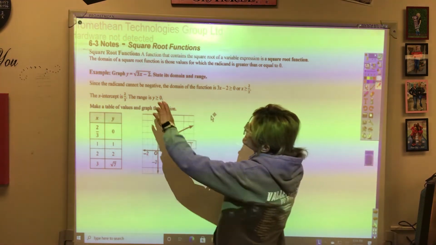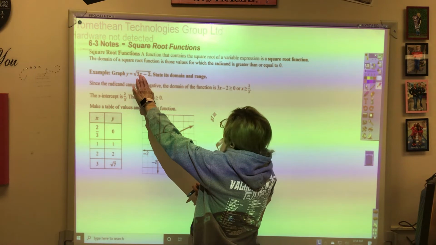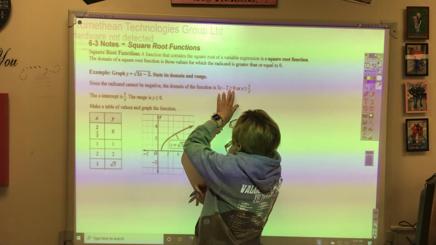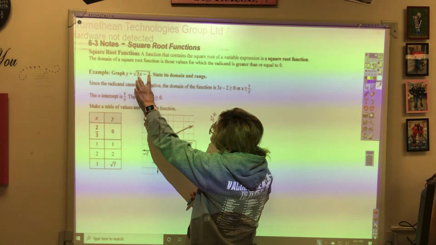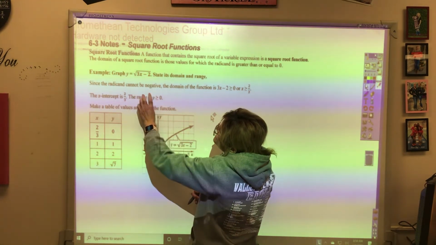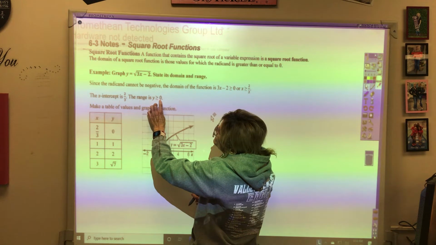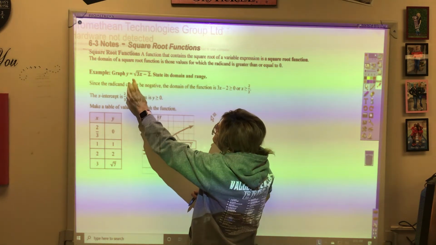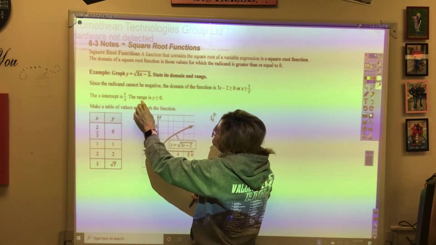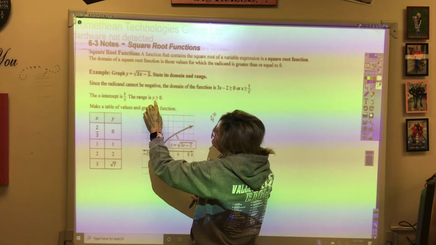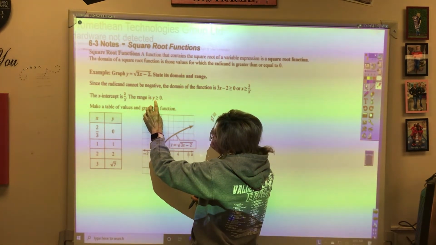If you plug that value back in here, it's going to give you 0, which is the start of the range, so y is greater than or equal to 0.